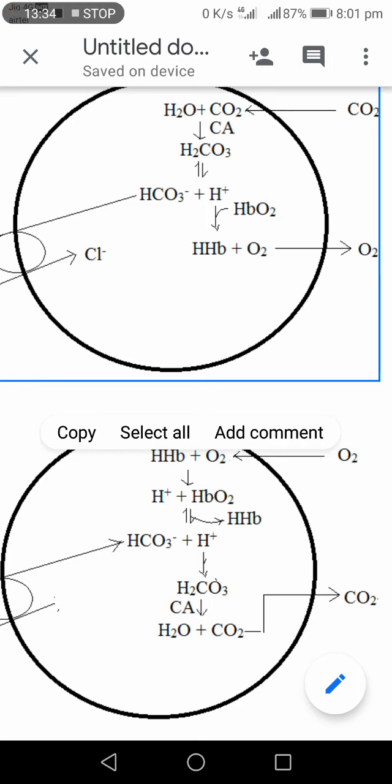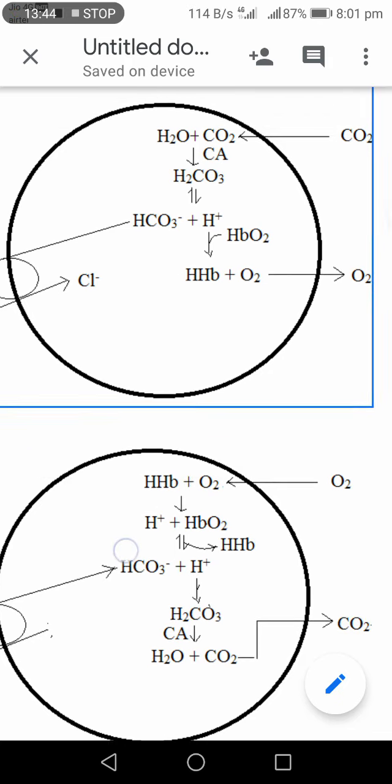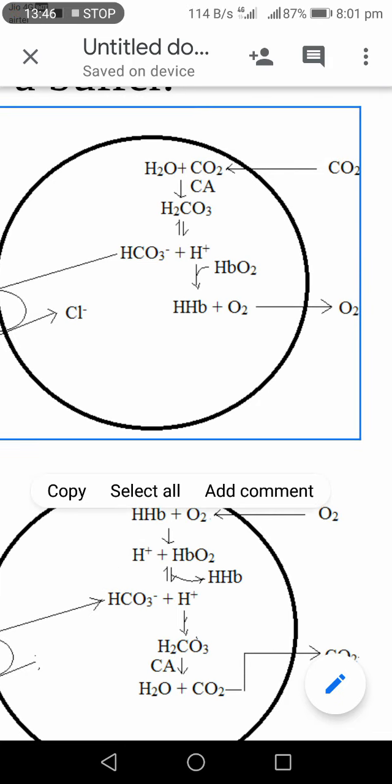Next, when this RBC that contains reduced hemoglobin goes into the lung, what happens? In the lung, oxygen enters from the atmosphere, and when the oxygen binds with the reduced hemoglobin, it forms oxyhemoglobin and hydrogen ion.